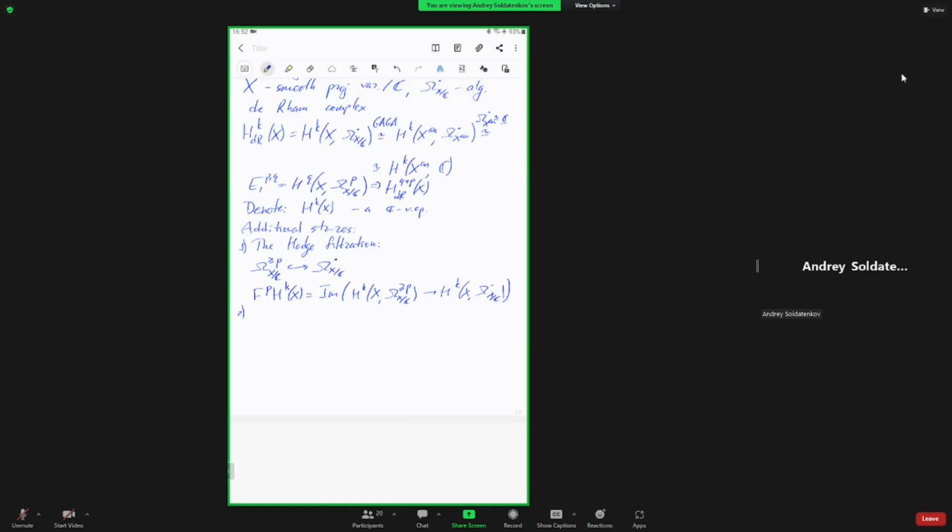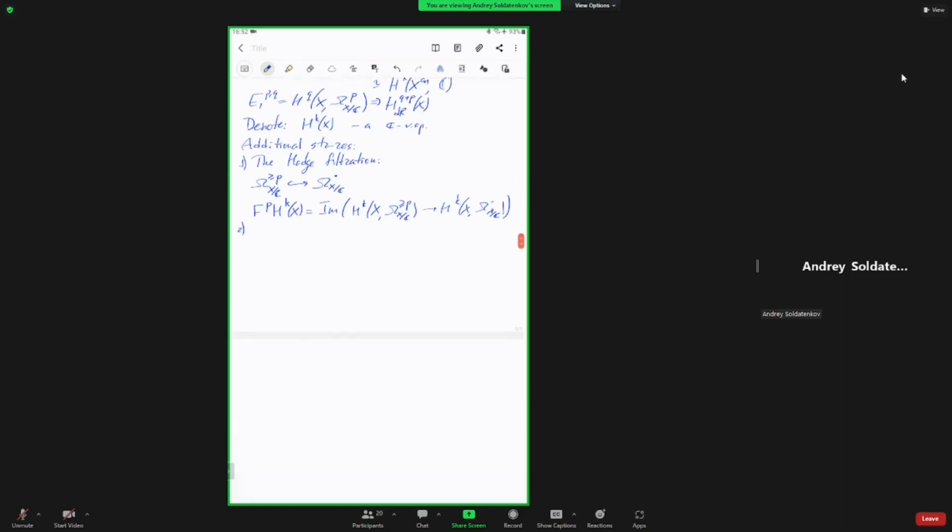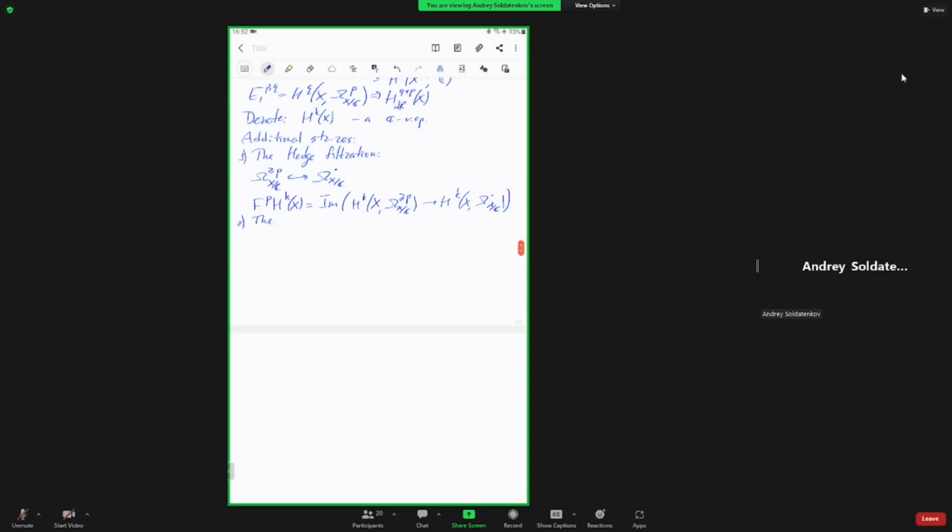This Hodge filtration comes from the right-hand side of the equality above; it is expressed in terms of the Deligne complex. But on the left-hand side, we have the singular cohomology, and the singular cohomology actually has some additional structure also. It's the Q structure, the structure of a rational vector space.